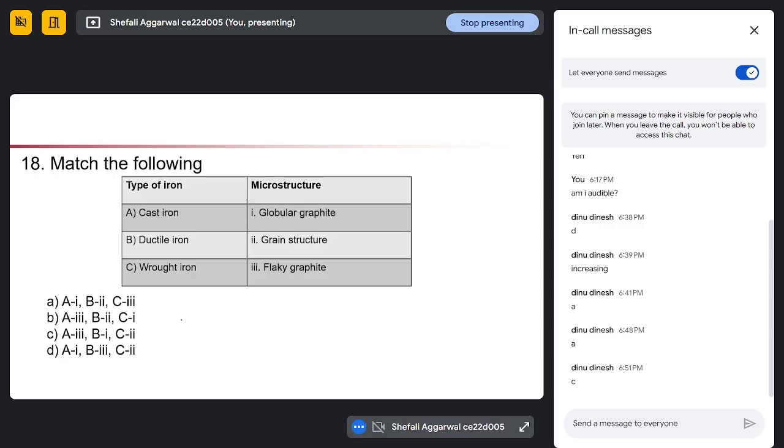Okay, so the next question is match the following. We have three types of iron: cast iron, ductile iron, and wrought iron. What are the different microstructures? Globular, grain, flaky graphite.